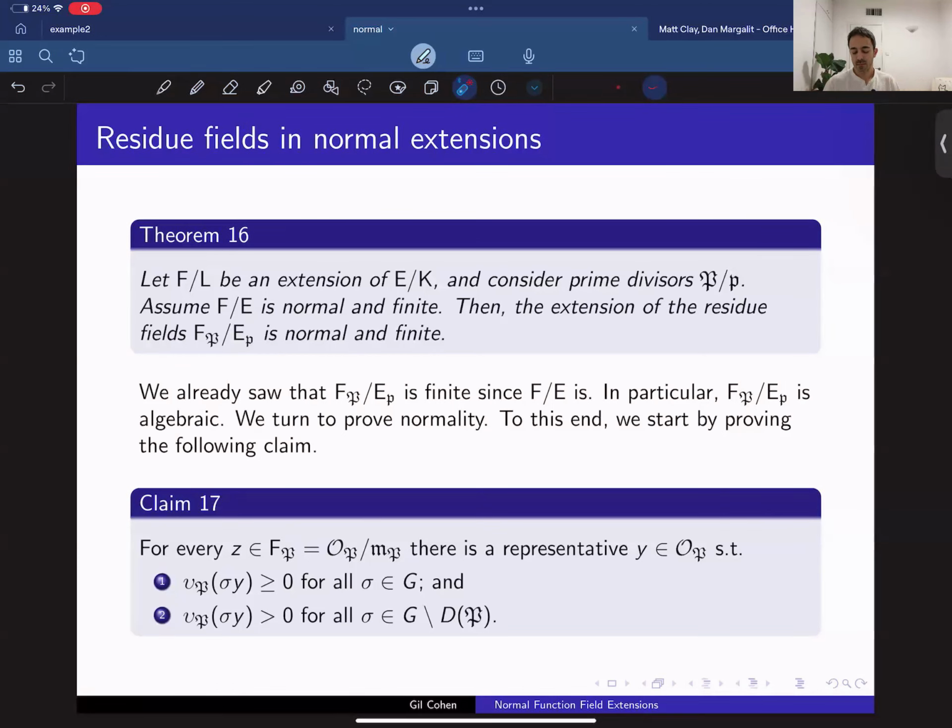Now, I'm saying that this is useless in our case as a theorem, not as the proof itself, because in our case, the residue fields that we'll start with are going to be finite, like F5 or whatever, or any finite extension of the ground field which we are considering. And all the extensions of them will be finite because we proved already that if F over L is a finite extension of E over K, then that holds also for the residue fields.